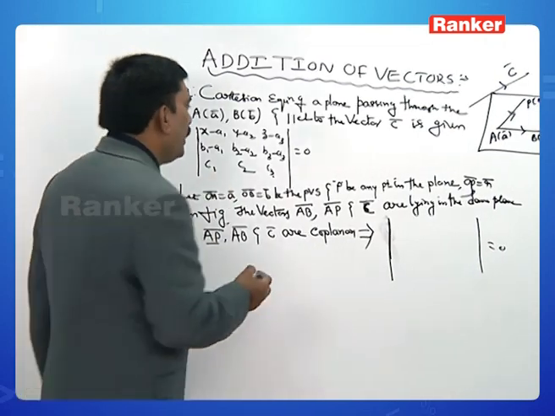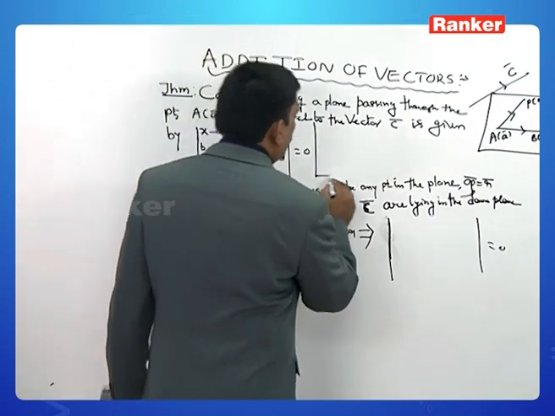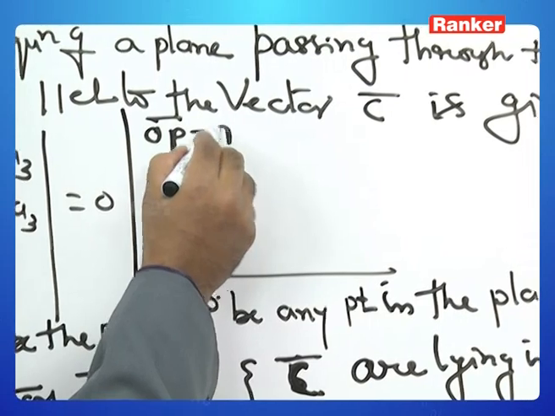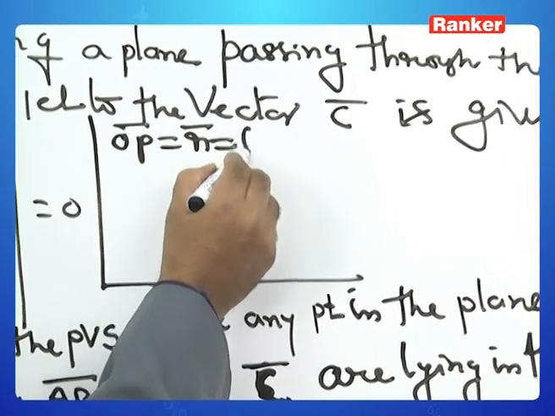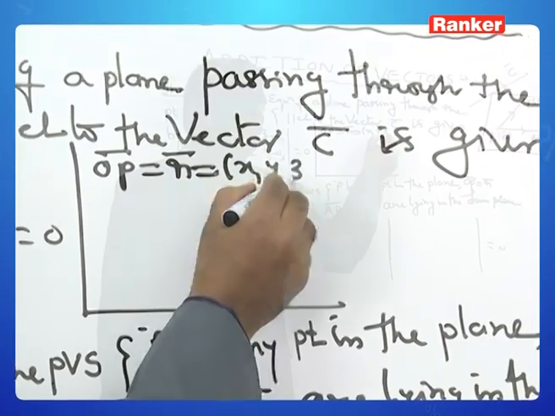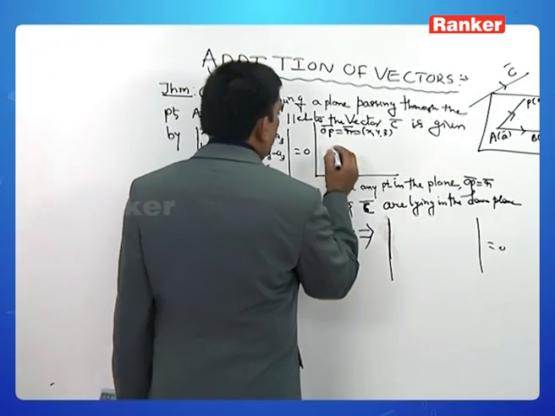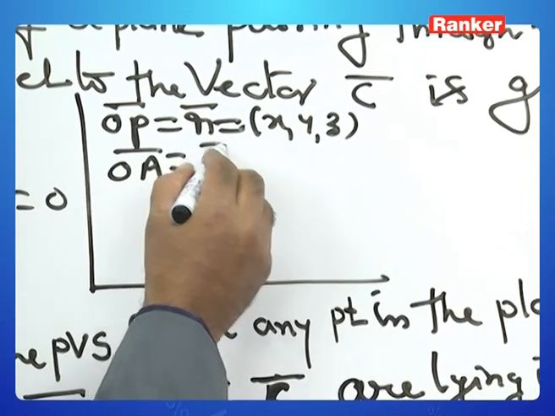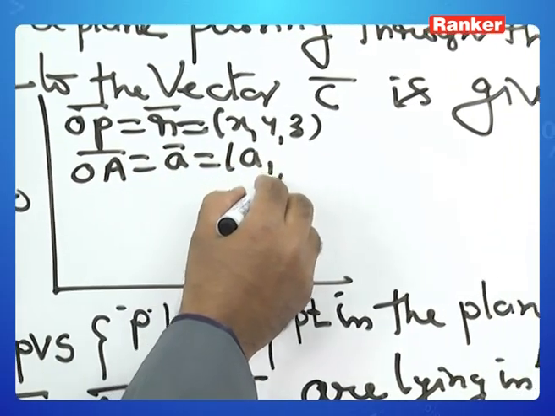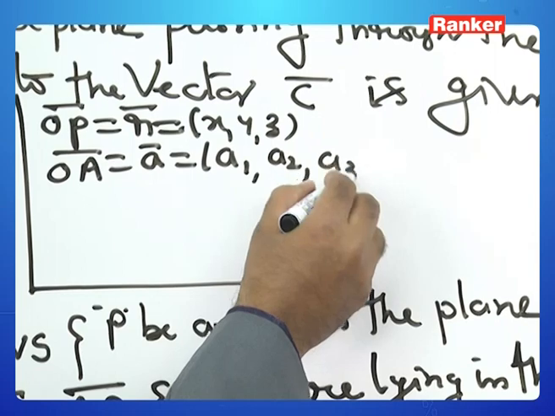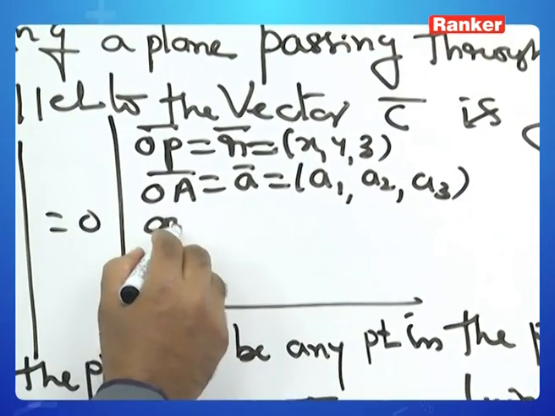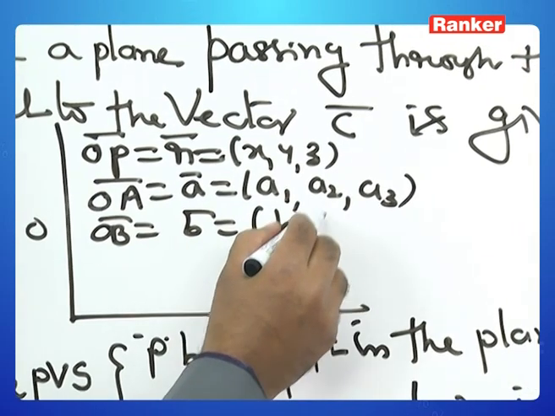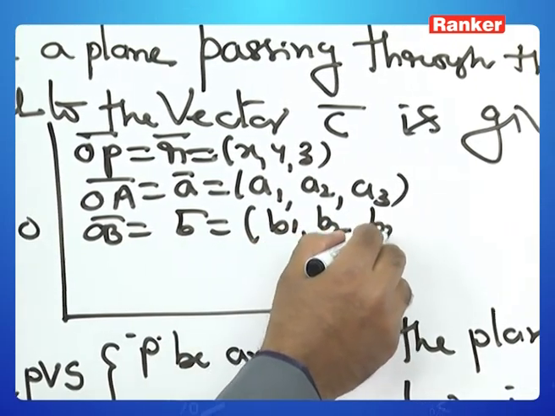Now OP bar is nothing but R bar, which is x, y, z. Next, OA bar equals A bar equals a1, a2, a3. OB bar equals B bar, which I can write as b1, b2, b3.